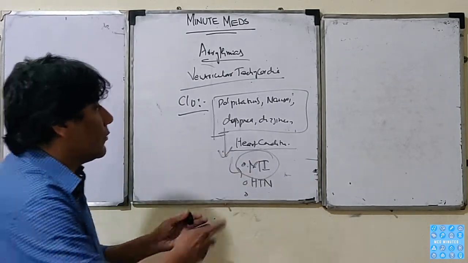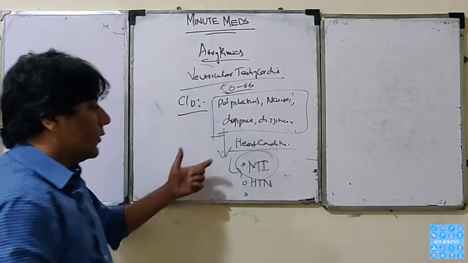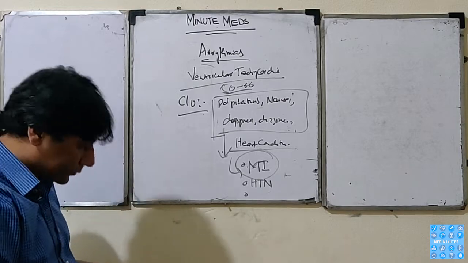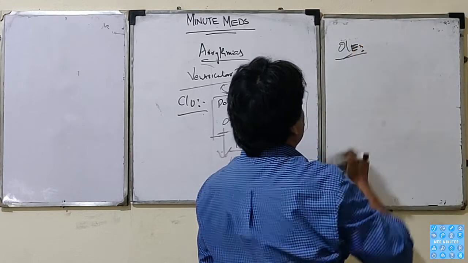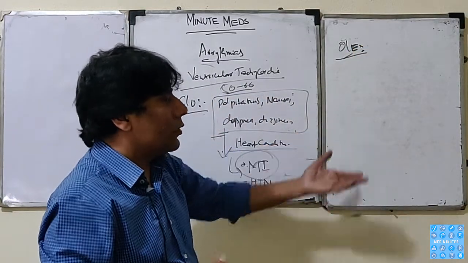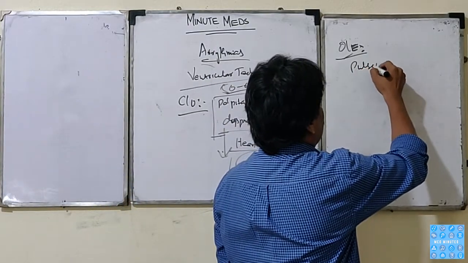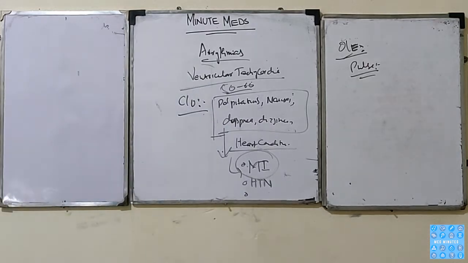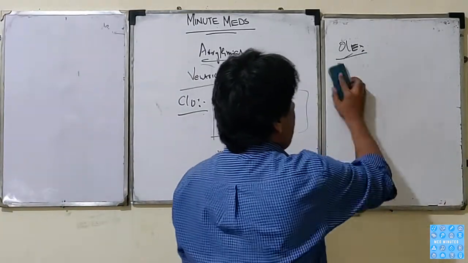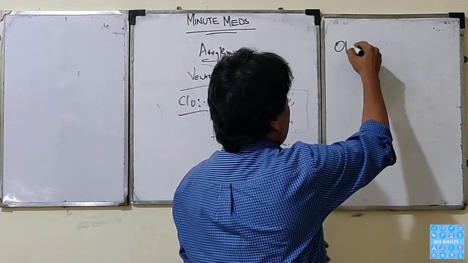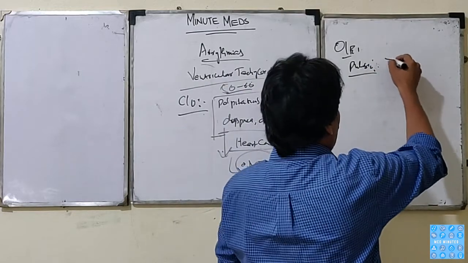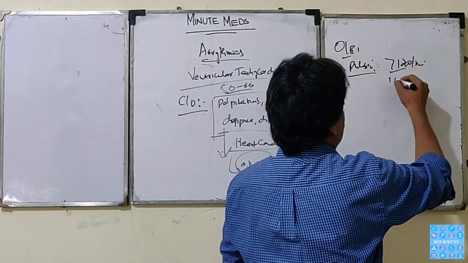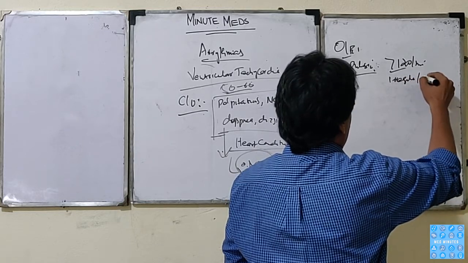Now a patient comes to you, any 50-60 years old, with these complaints, with a history of ischemic heart disease a year back or a month back. On examination, I'm looking for a pulse that is greater than 120 per minute, that might be regular or irregular.